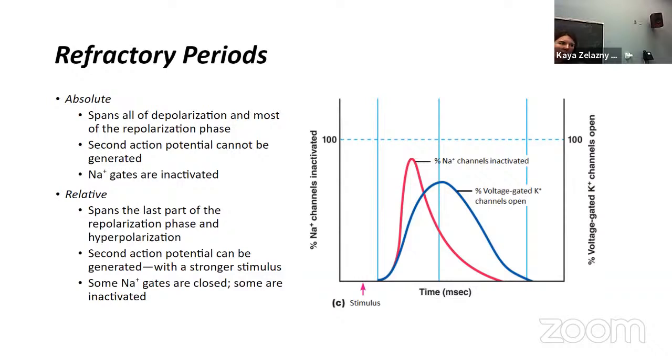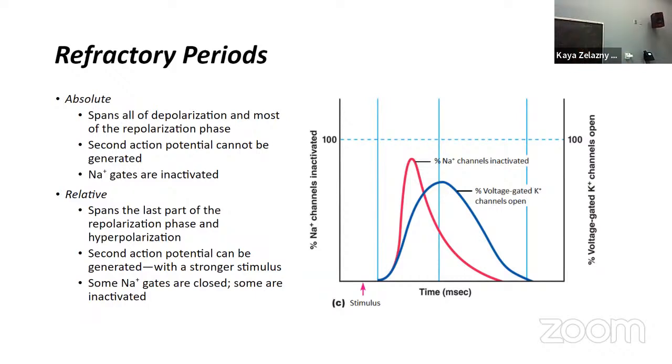The relative refractory period, when it's relatively hard to send off an action potential, is going to be the last part of the repolarization phase. Basically, we're thinking about whenever we have lots of those voltage-gated potassium channels open: the second part of the repolarization phase, and then all of that hyperpolarization phase.